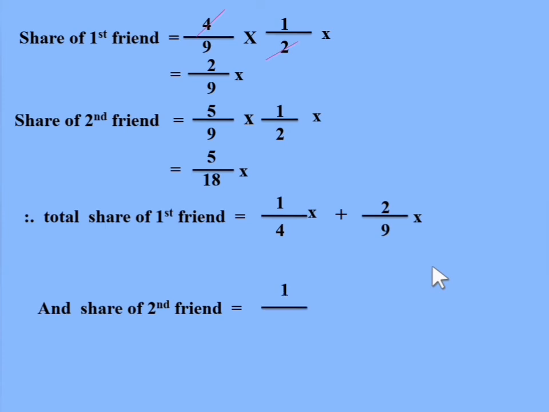The second friend was receiving rupees 1 by 4x from that 50%, and from the remaining 50% he was receiving rupees 5 by 18x. So adding them, this is the total share of the second friend, 1 by 4x plus 5 by 18x. Let's move to the next page.